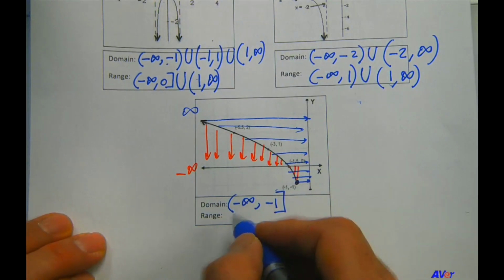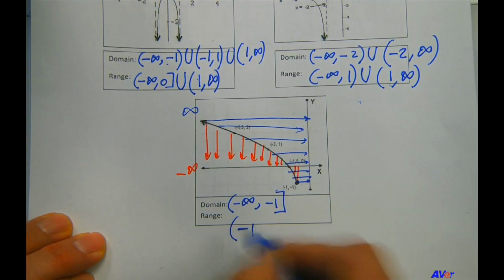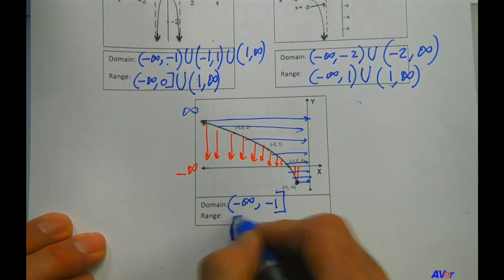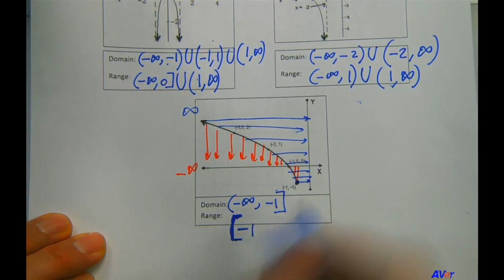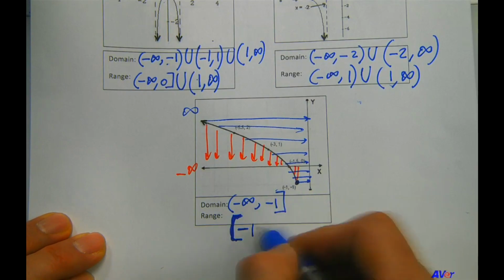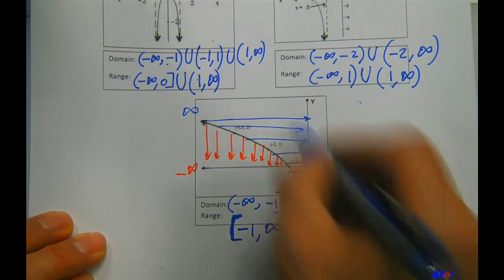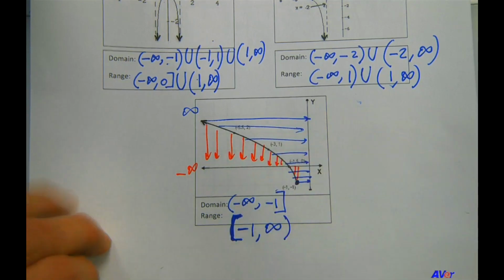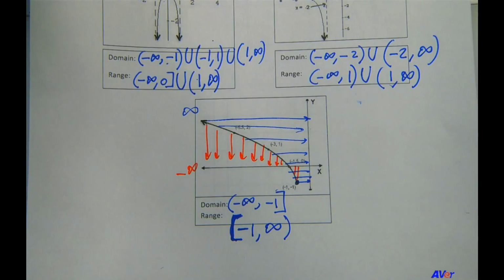So the range is -1, bracket, because it does go through that. Bracket, -1, and we always start with the smaller number. That's why I started with bracket -1, comma, +infinity, parenthesis. Okay, I hope this is making sense.